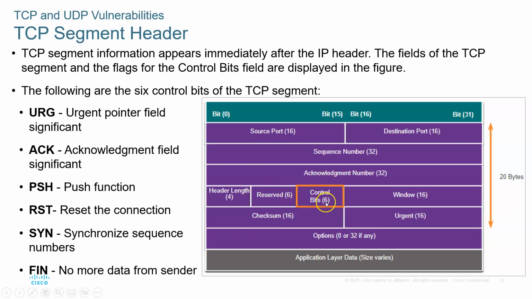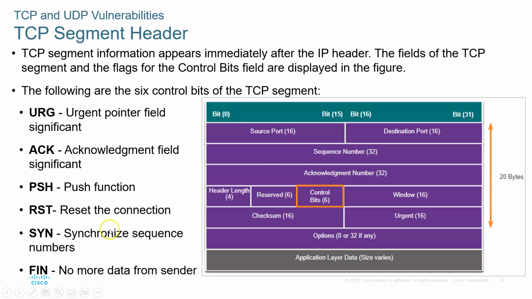The control bits are a 6-bit number. You can either have an urgent, acknowledgement, the push, the reset, the sync. You may reset the packet. You may create a synchronize, or you can send a bit in here to say, hey, we're not sending any more data. That's the FIN, right?